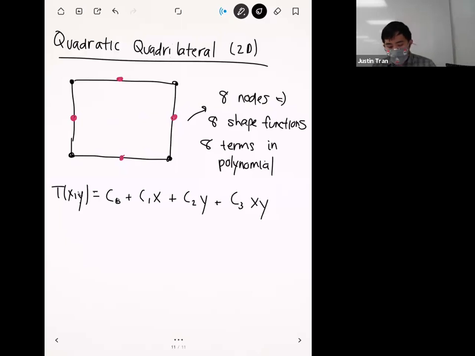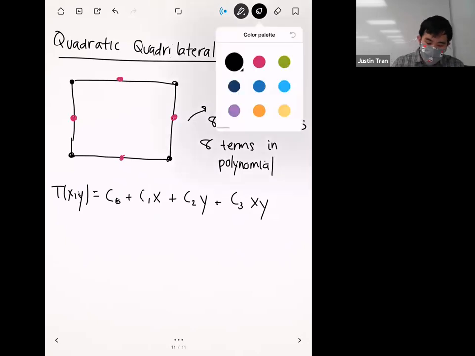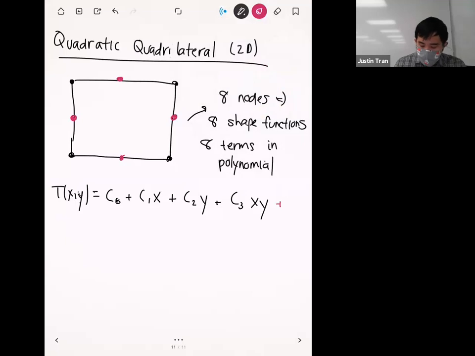Those are all the linear terms, and we still maintain each of those terms. From here we start to add our quadratic terms, because we have 4 more to go. We have 8 nodes, and so we need eight terms here. First thing I'm going to write is the individual quadratic terms. So we have c4 x squared plus c5 y squared.